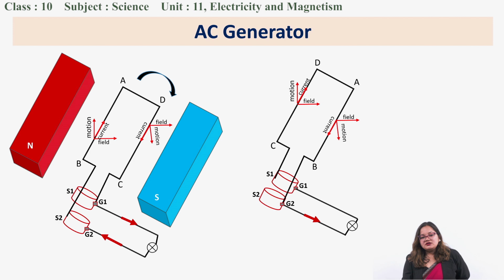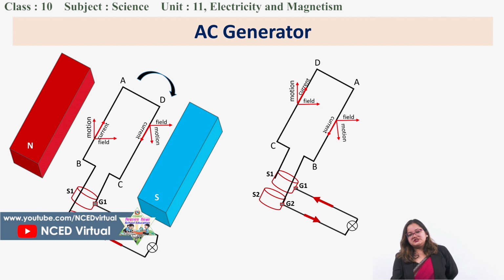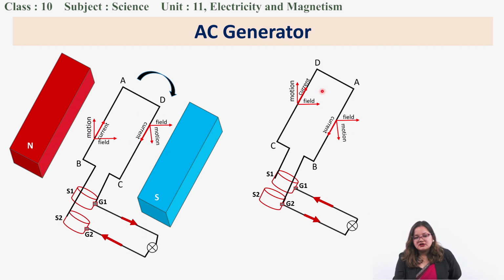Now with that, we know that the current enters the external circuit from G2. So although everything seems similar, the direction of the current in the external circuit can be visualized very easily.